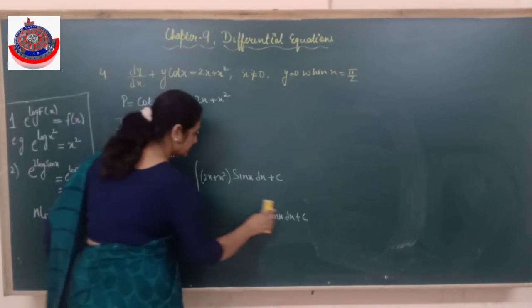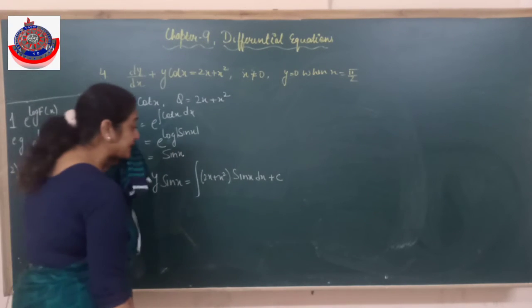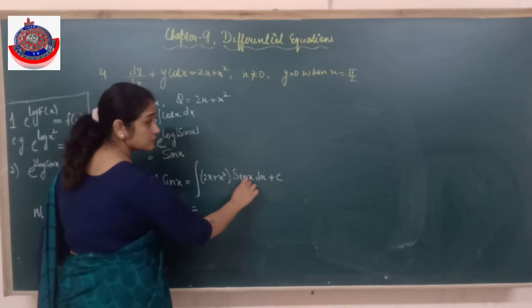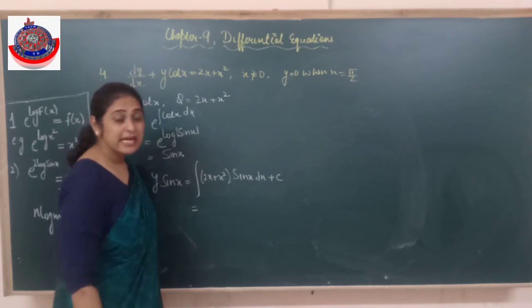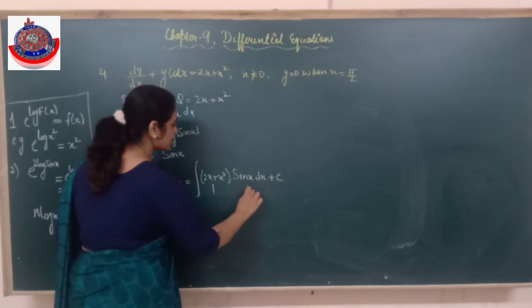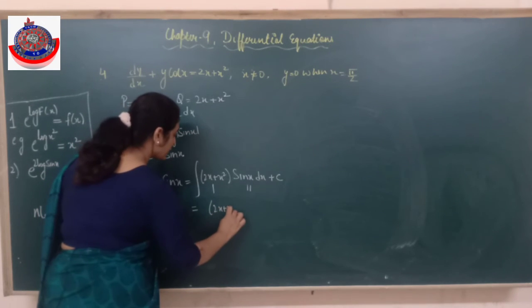So how to integrate this portion? This will be integrated by parts, where this is the first function. What is the word? I, L, A, T, E come first. This is my first function and this is my second function.